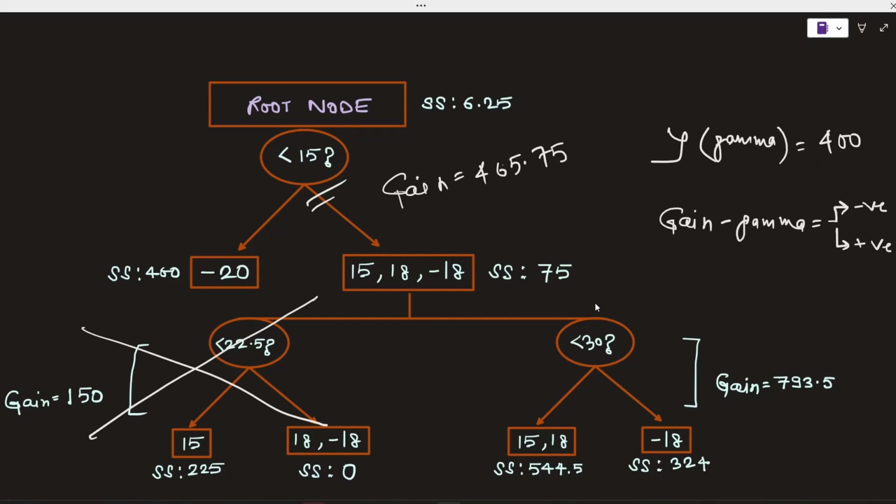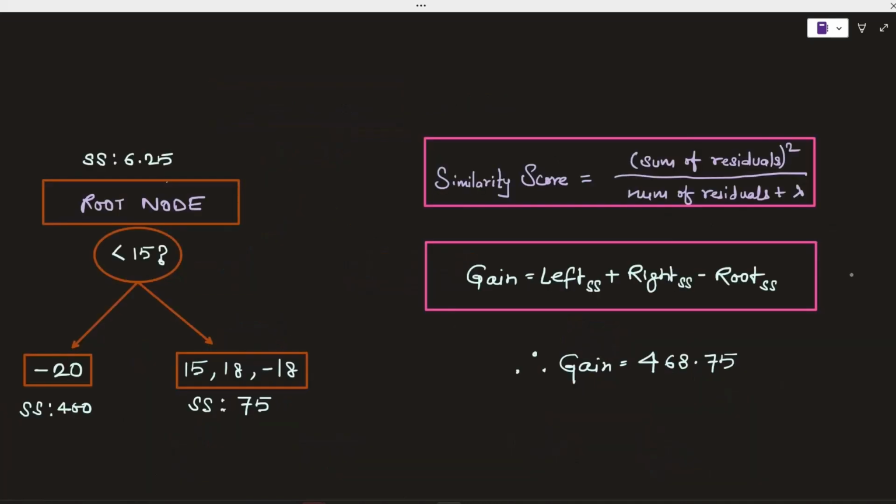Also, if you remember that previously when we were calculating similarity score, we kept the alpha value as 0. So I will quickly show you. I am talking about this particular alpha value from the similarity score formula. If you remember, for simplicity purposes, initially we kept this value as 0. However, when this value increases, let's say we are considering it as 1, in that case, going by the formula, you can understand the value for the similarity score will start decreasing, and so does the gain.